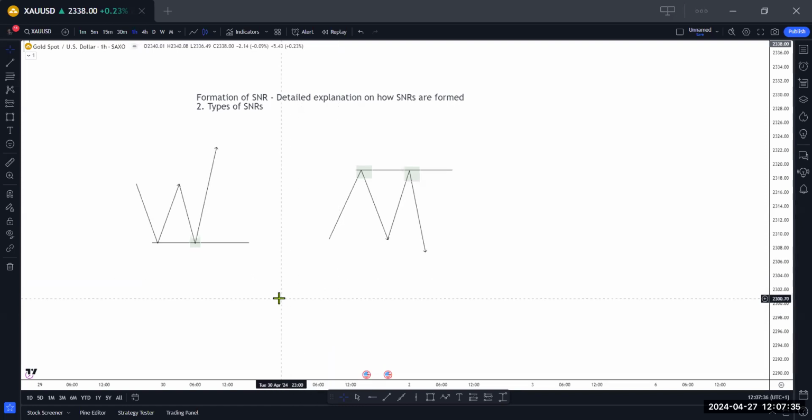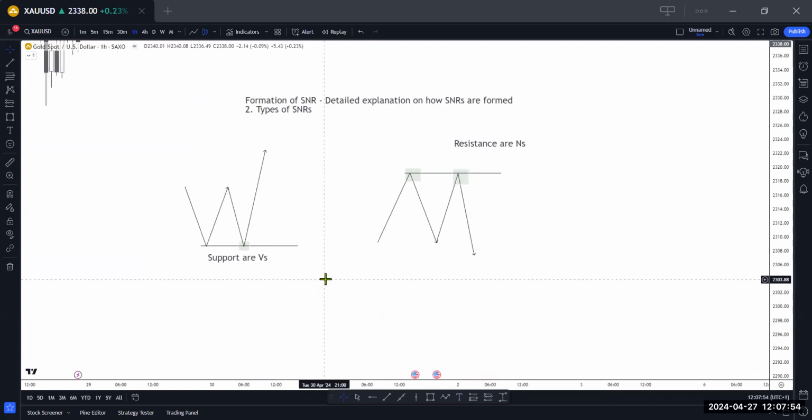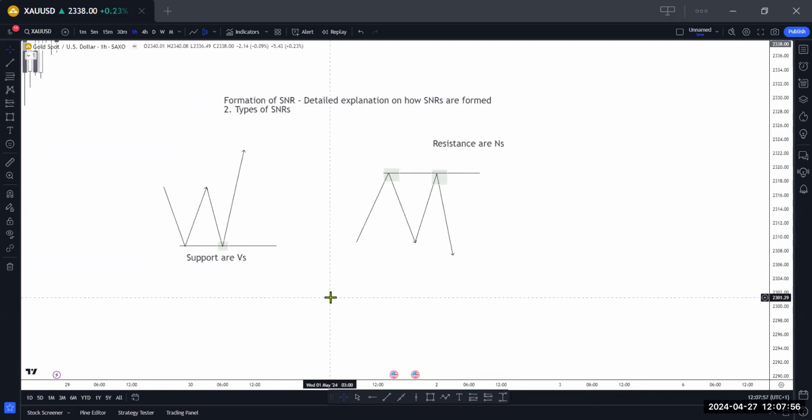So what happens at support? At support, the market is expected to buy. Let's say supports are V's, and resistances are N's. Let's see some examples on the chart.